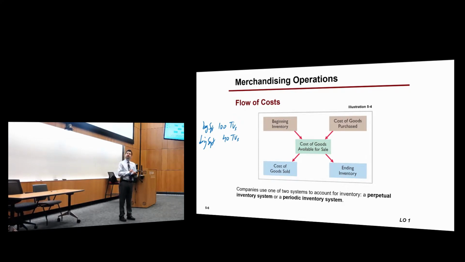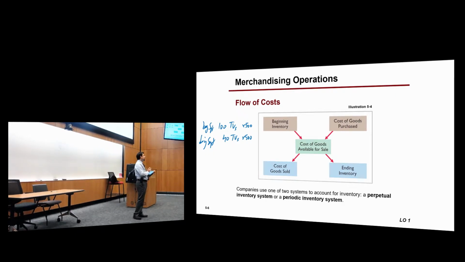So say that in this case, we're going to use average numbers now. On average, each TV costs them, let's say, $500. So we have 100 TVs multiplied by 500, and 40 TVs multiplied by 500. Okay?